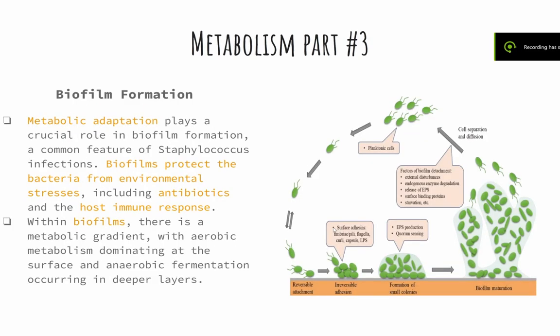The third part of the metabolism is called biofilm formation. As you can see on the right side is an illustration of how the biofilm forms. Biofilm is a very important part of the metabolism of this bacteria because it not only nourishes them, but it can also protect them from environmental stress, including antibiotics and the host immune response.